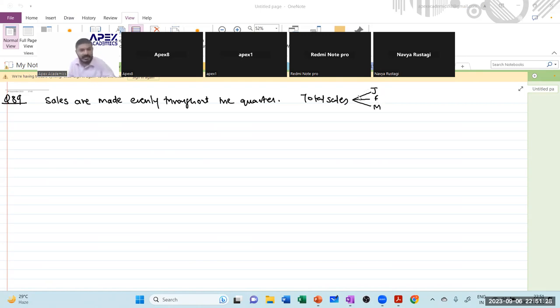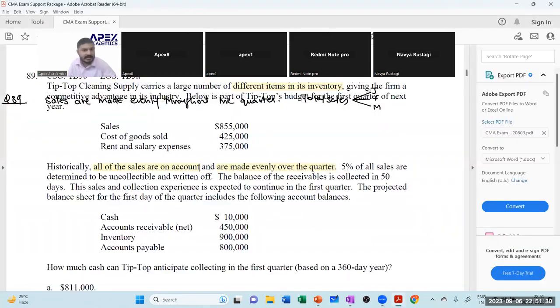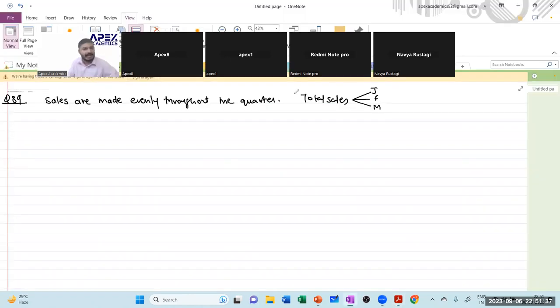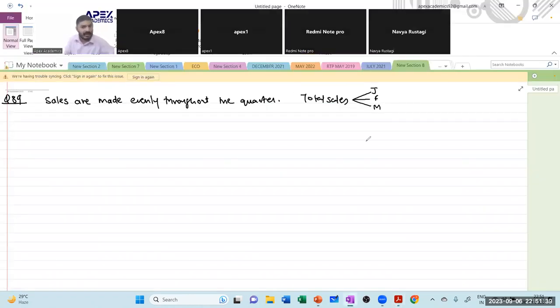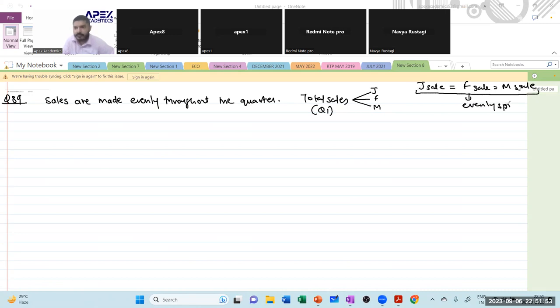Now, I believe it's January, February, and March. Let's see. They are saying quarter one, first quarter. Americans normally follow a calendar year. So I can say January, February, and March. This is Q1. Now, Jan sales are equal to Feb sales are equal to March sales. This is the meaning of evenly spread out.